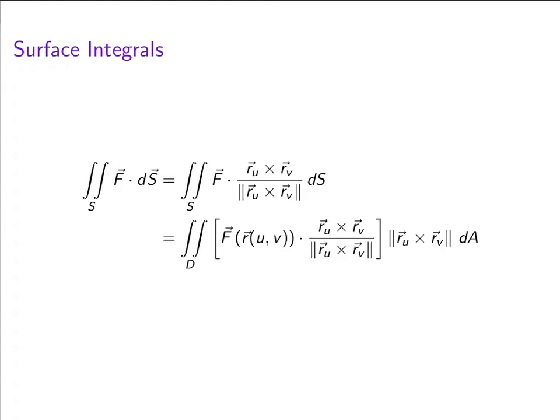If we go back to the definition of the surface integral of a scalar field, we have to plug in the parameterization into the vector field and then multiply by the length of r_u cross r_v. And now the obvious thing happens. After the cancellation, we get this very nice computational formula for the surface integral of a vector field through a parameterized surface.